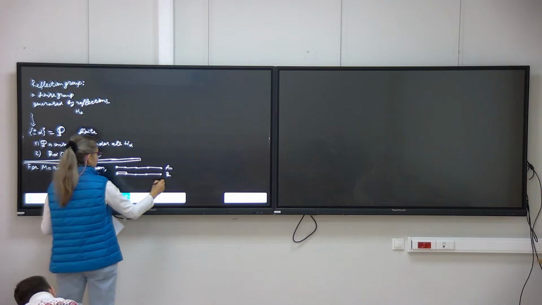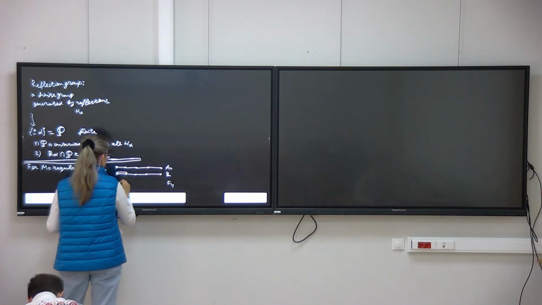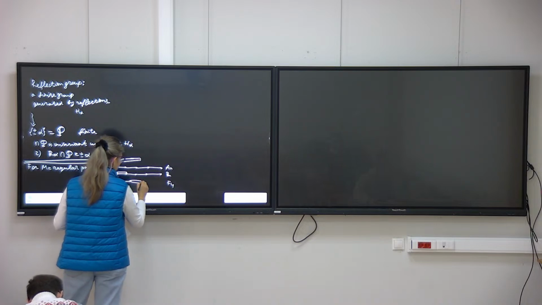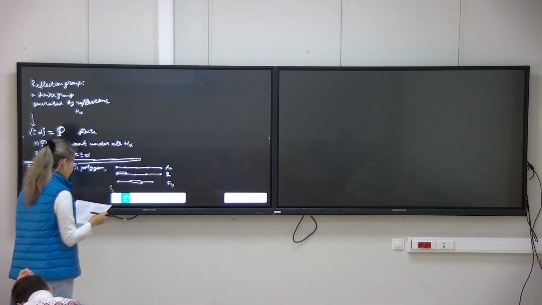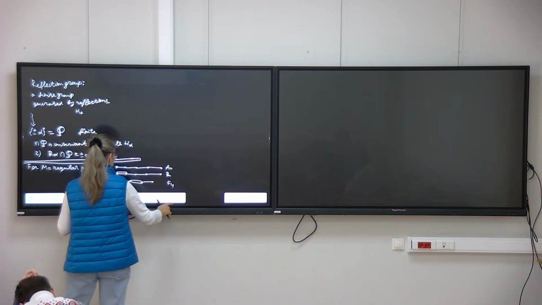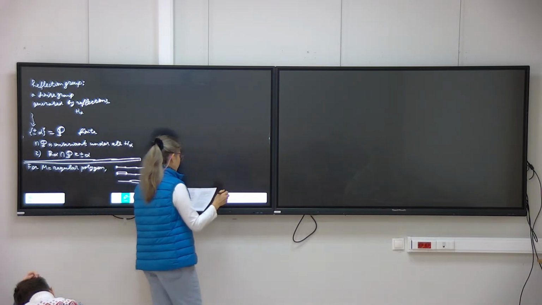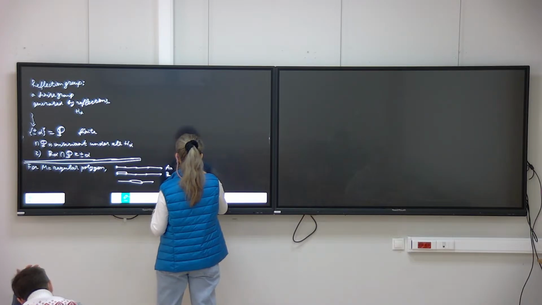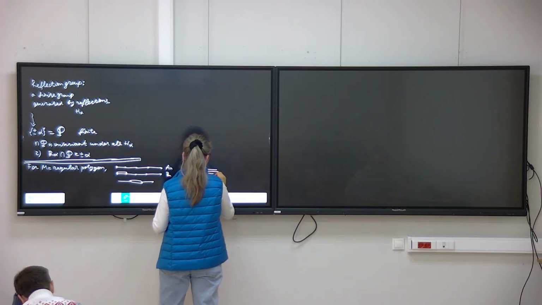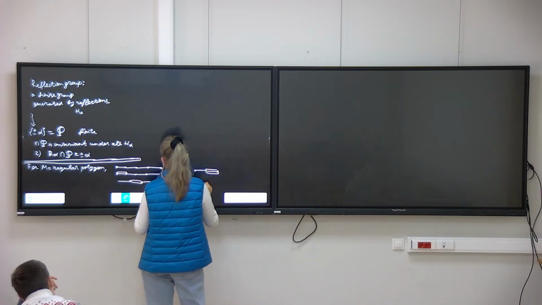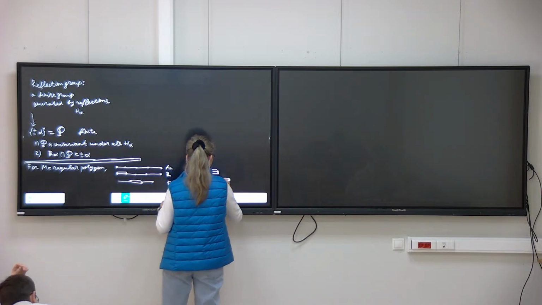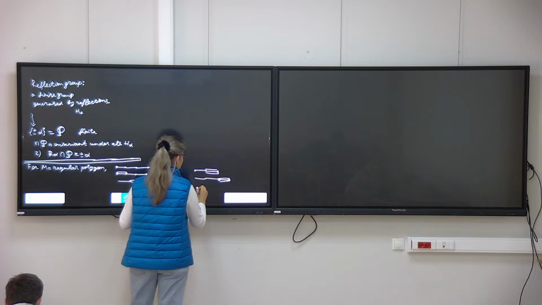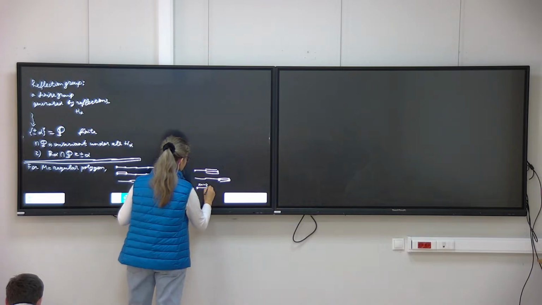Then we have F4. And now three more answers which we didn't meet before. It was this one, then this one, and this one, which corresponds to the dihedral group. Multiplicity is m minus 2.